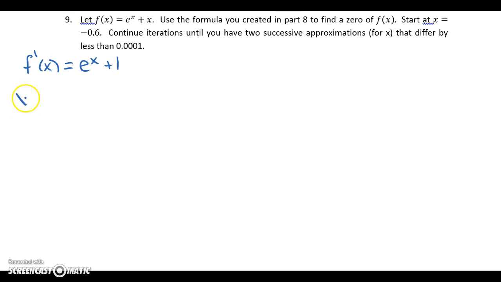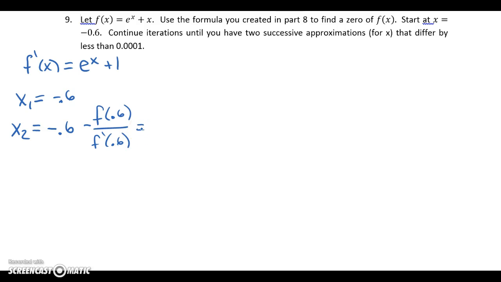Next, we know that x1, our first iterative value, which is given to us, is equal to negative 0.6. If we want to find our next iteration, we need to plug into our model that we created in part 8. That tells us to take the previous guess, which was negative 0.6, and then subtract from that f of negative 0.6 divided by f prime of negative 0.6.